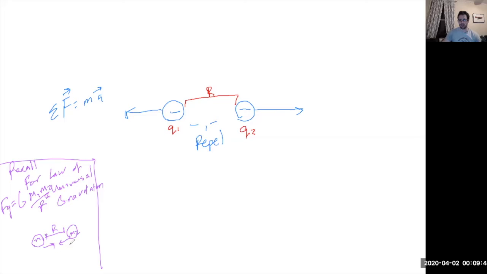And gravity is an inward, it pulls inward, it just pulls, it doesn't push. And so we have two objects that have masses here that are pulling inward, that have some distance between them.